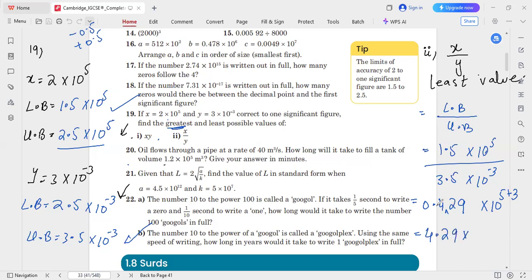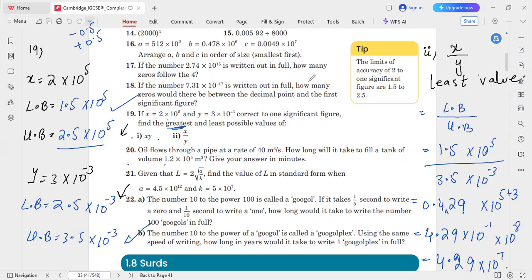And along with this, the decimal point moved one place, so this will be negative 1, and this will be 10 power 8. So 8 and negative 1, we need to add them together, and after adding we will have 10 power 7. So 4.29 times 10 raised to the power 7 is your least value for x by y.